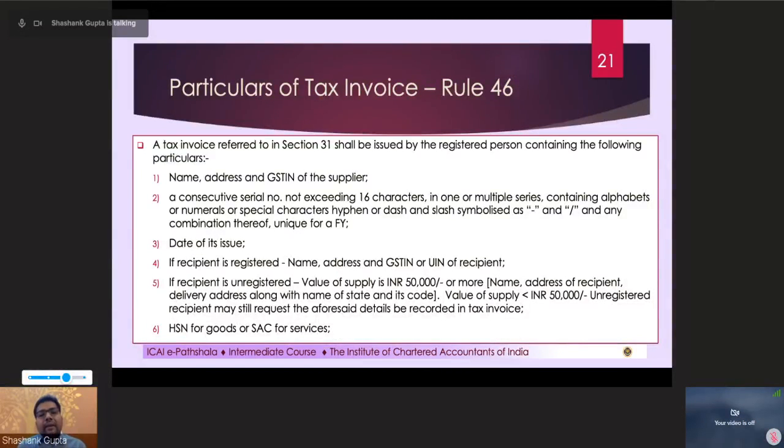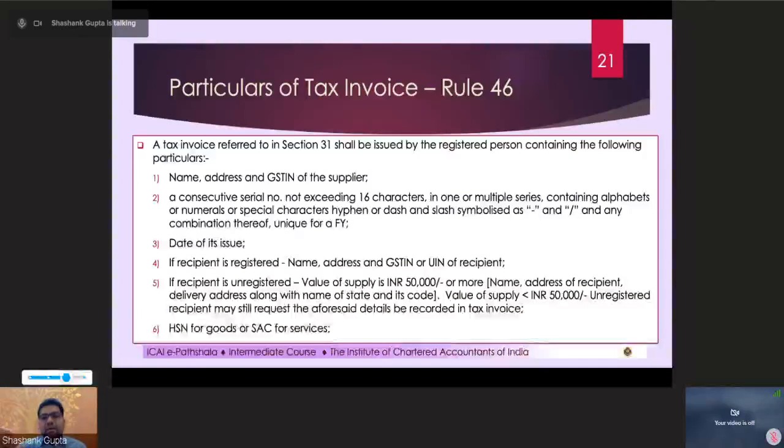Now, please remember, government does not give any format that your tax invoice should look like this. It should be issued vertically, not horizontally, nothing like that. All that the government does is, it provides that these details should be mentioned on the document in any order. And once these details are captured in a document, that document will be termed as tax invoice.